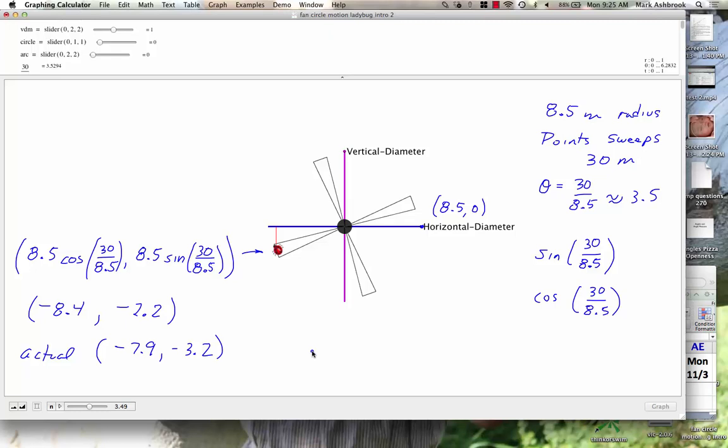I have a good excuse, because the position is actually somewhere between here and here. That's why. Okay, anyway, these are in meters now, and those are the coordinates of the point.